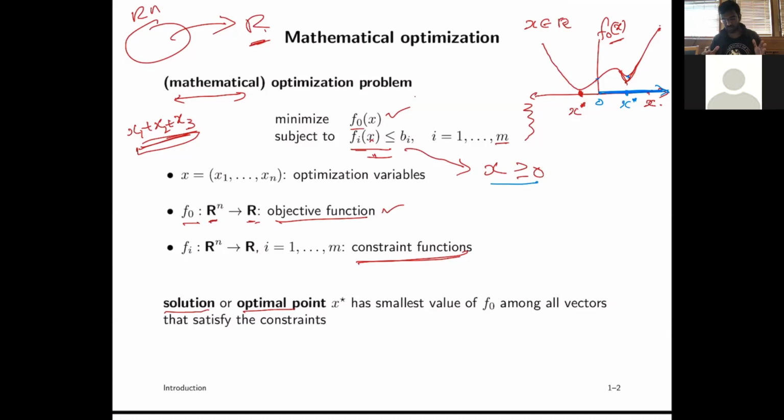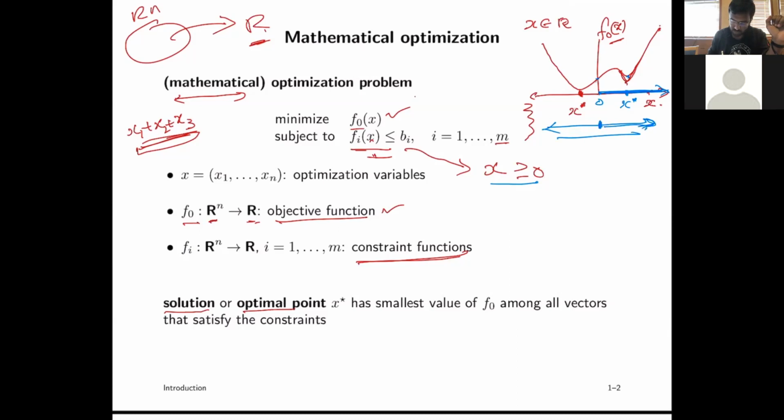So the story that I want to tell here is that when you add a constraint, it can change the solution, because now you are not allowing this optimization solver to search all the possible domain. You are restricting that search. You are saying that you cannot search the whole domain, but you have to search in a specific region.